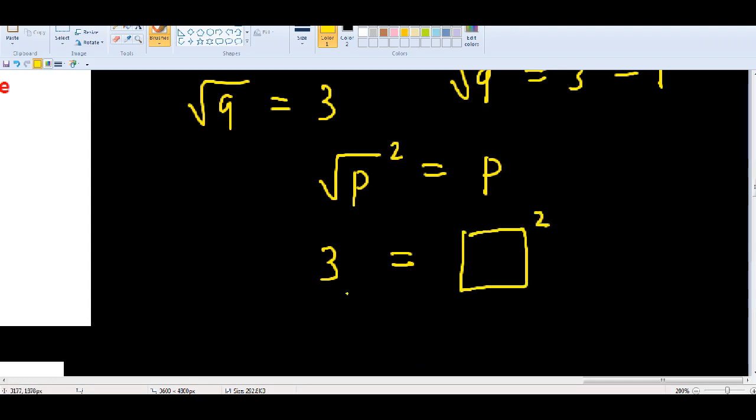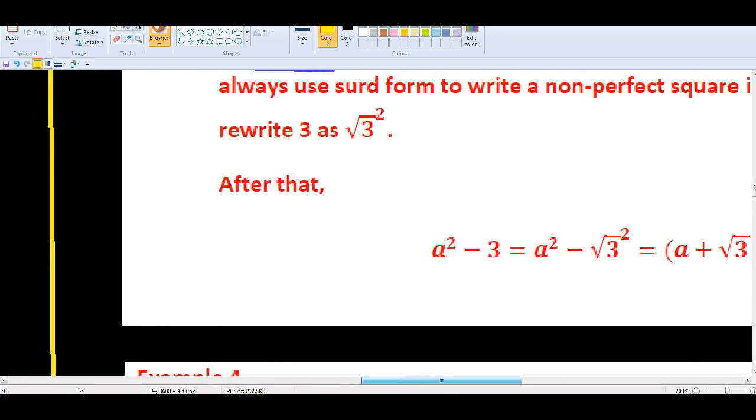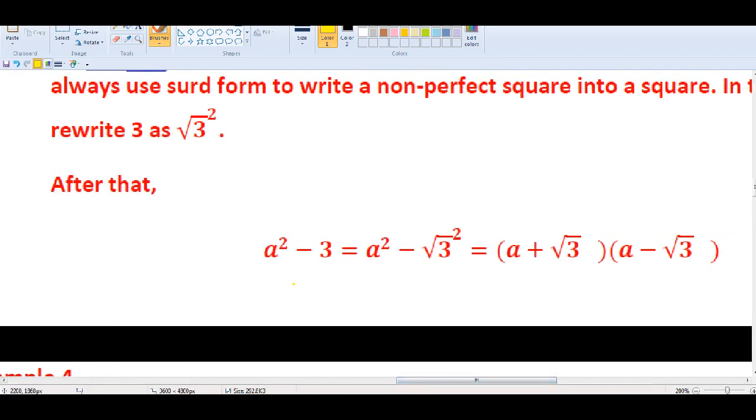Normally we don't know because 3 is not a square number. If that's 4, we know that I should put 2 here. If that's 3, what number should we put here? We should put square root 3. So you could rewrite any number into a square by using surd form.